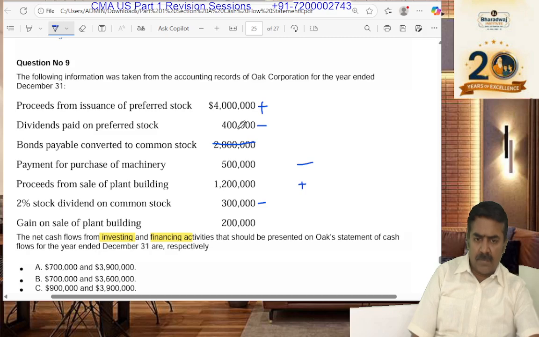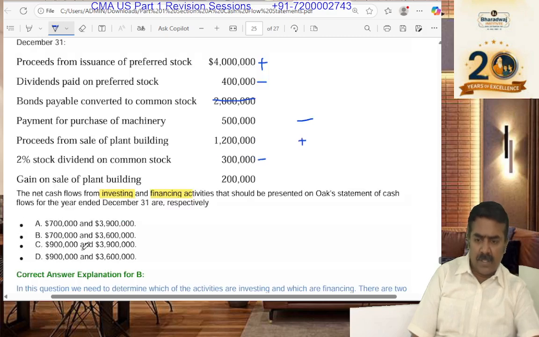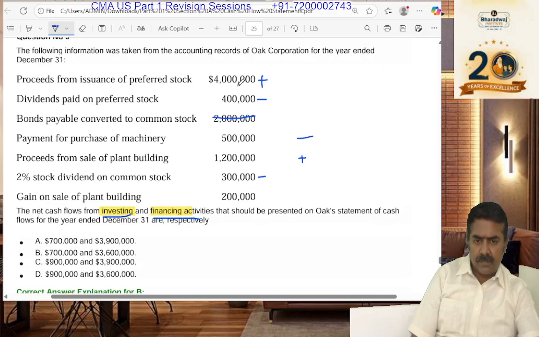40 lakh plus minus 4 lakh minus 3 lakhs. How much do you get? Do you get investing first or financing next? No, dividend paid. Is it cash dividend or stock dividend?